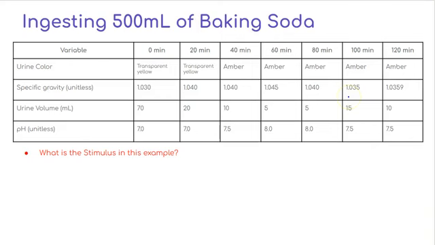That is our response. Ingesting 500 milliliters of baking soda, because in our baking soda we have bicarbonate ion, the bicarbonate is going to increase the pH or make our urine alkaline.